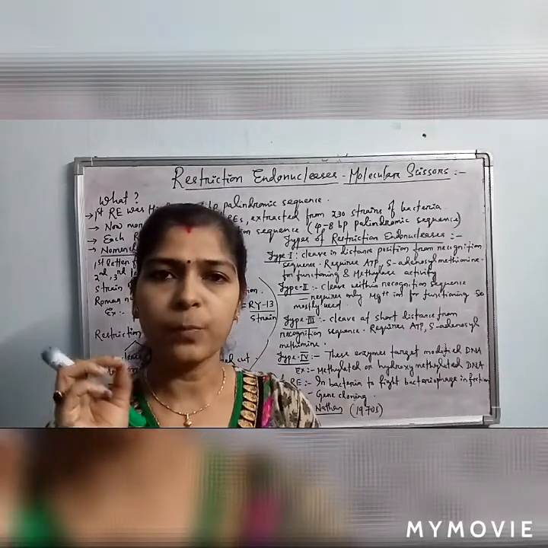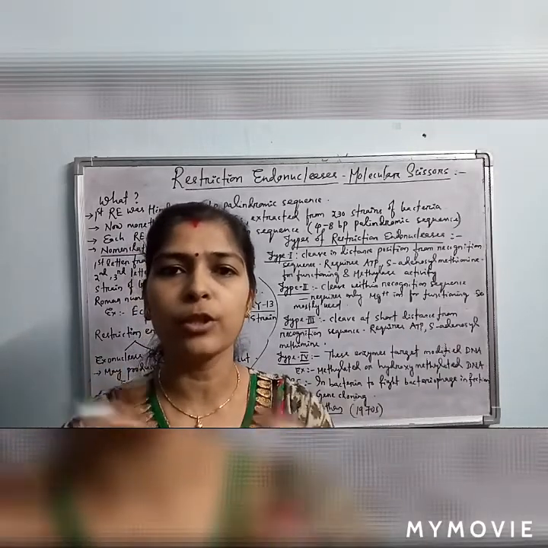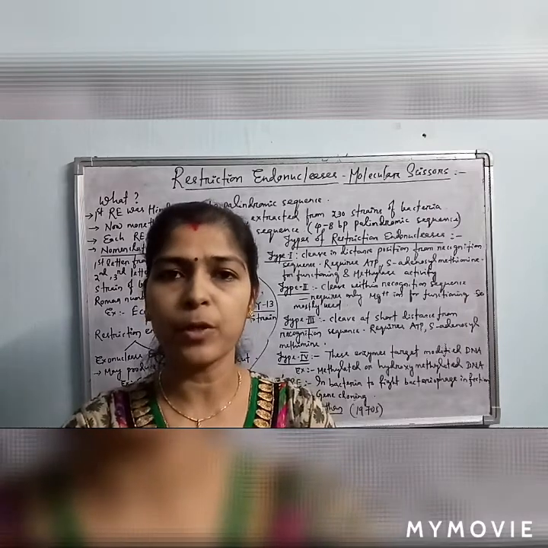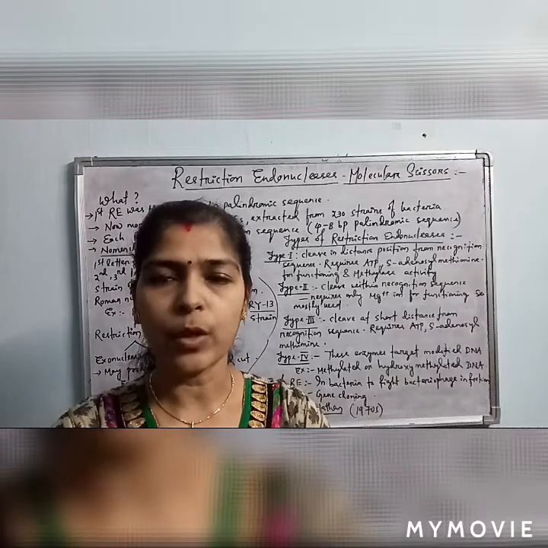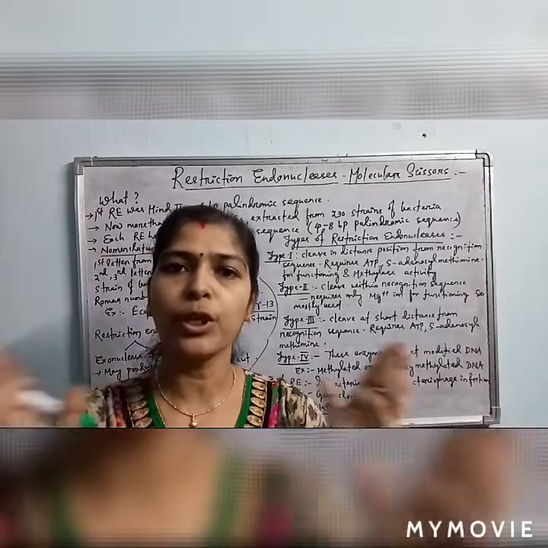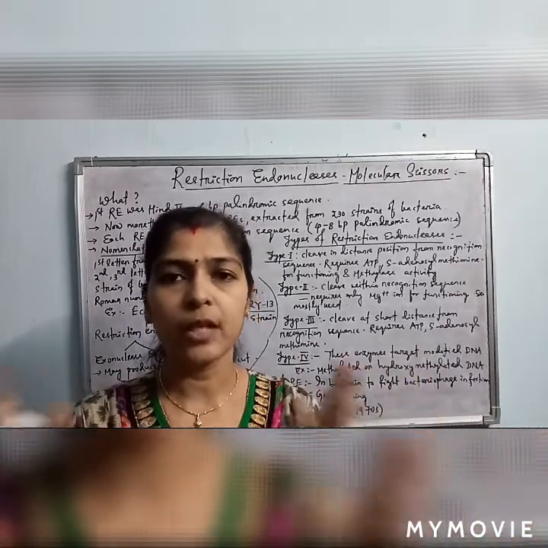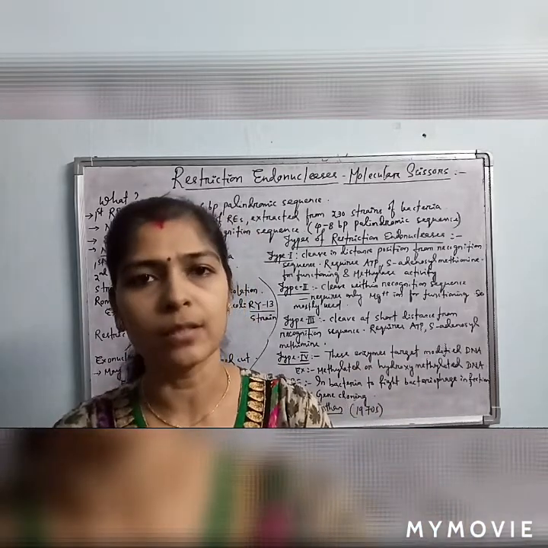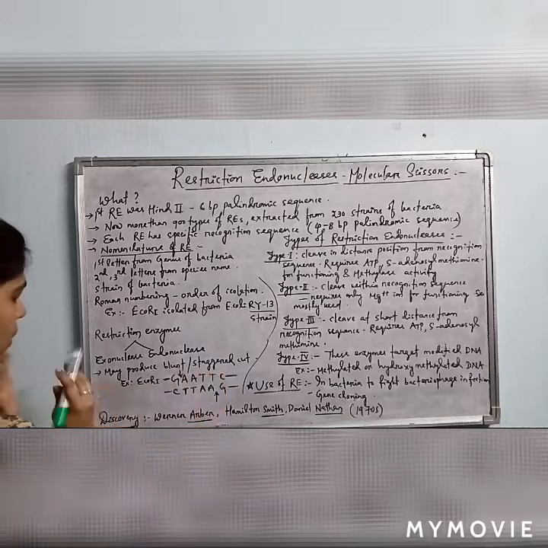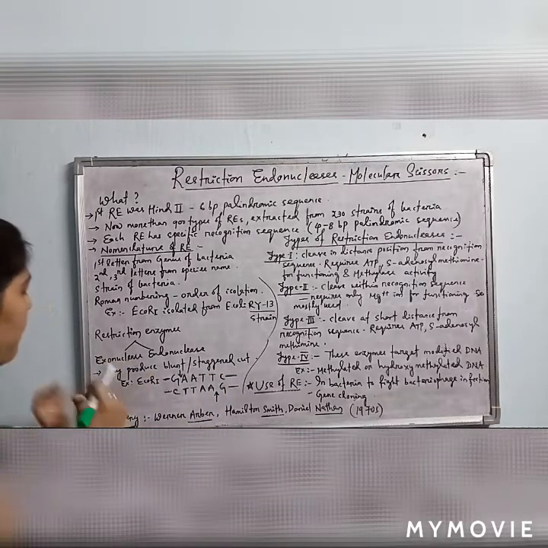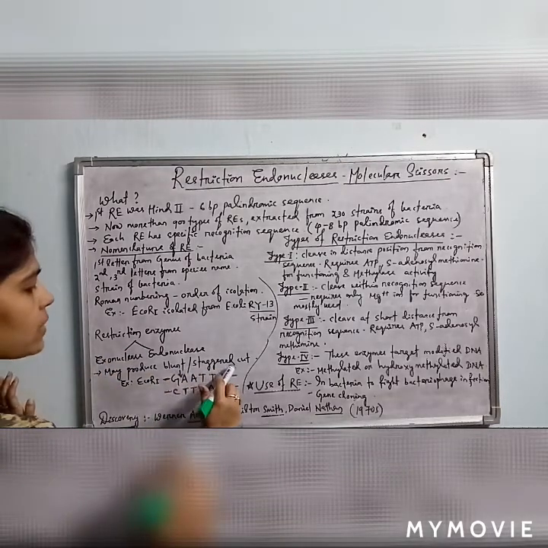See, they just break the phosphodiester linkage between the nucleotides. The 3', 5' phosphodiester linkage is broken by these restriction enzymes. Okay, and exonucleases remove the nucleotides from the peripheral region, whereas endonucleases cut the DNA from the interior region.